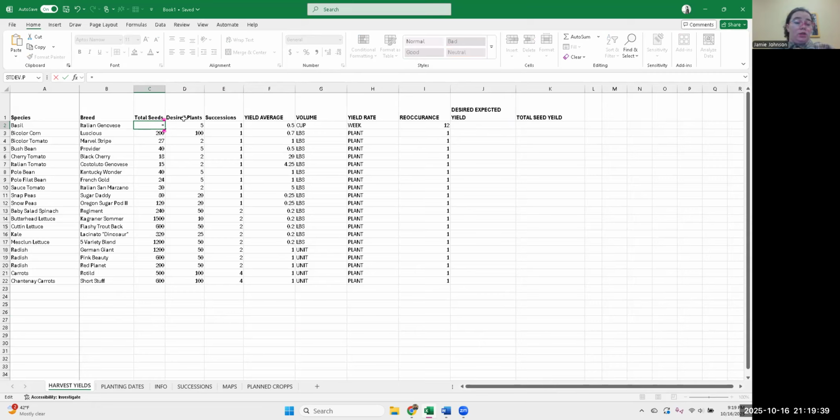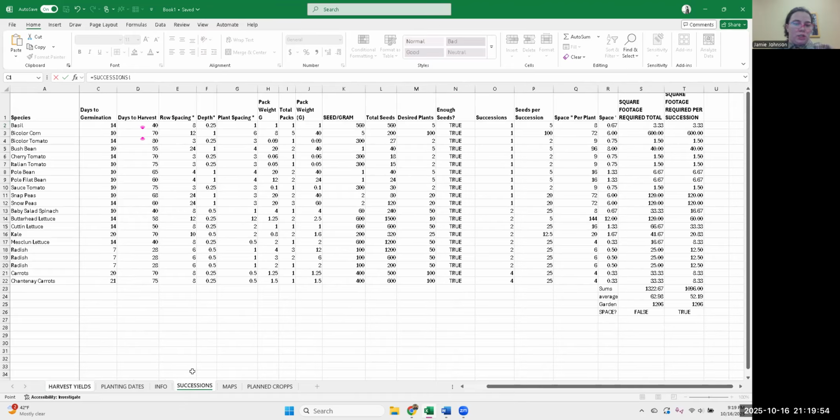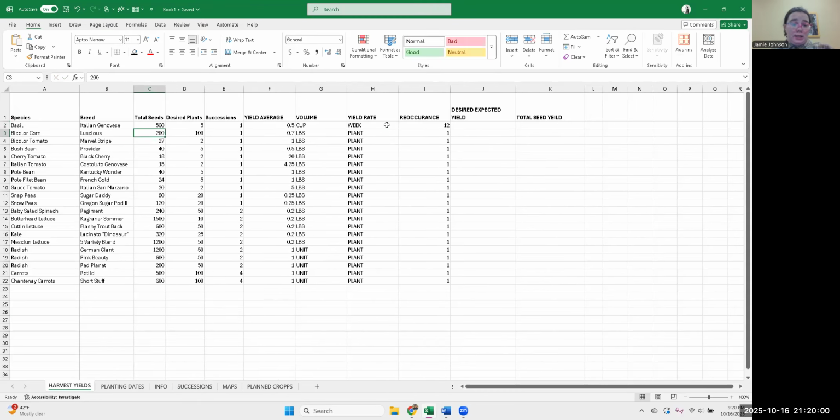In order to do that, you would start a formula, so equals, and then go into the sheet that you're looking to pull data from, click the one you want, and then click the cell that you want and hit enter.